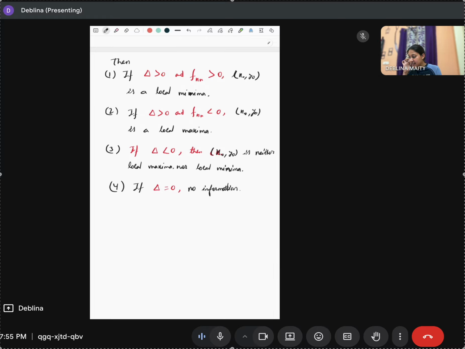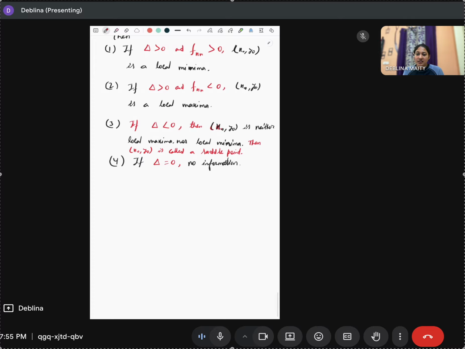When delta is less than 0, it is not a point of local maxima or minima, and it is called a saddle point. This (x naught, y naught) is called a saddle point. Saddle point means the point is neither local maxima nor local minima.